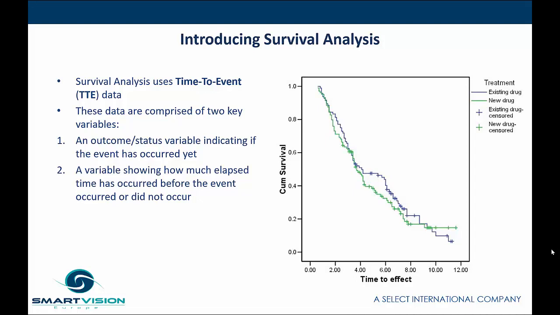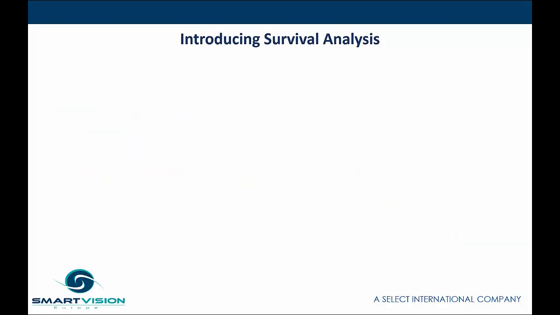And the second element is the time element. That shows how much elapsed time has occurred before the event in question, whether that event has occurred or did not occur. So how long they'd been a customer, for example, before they'd cancelled their subscription, or how much time had gone by in the patient treatment window before the event occurred or did not occur.